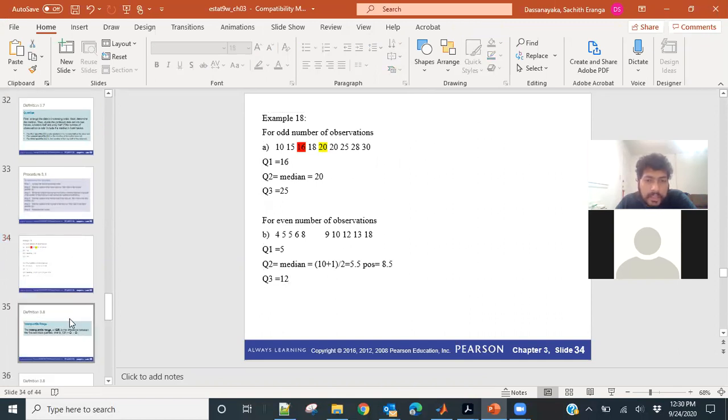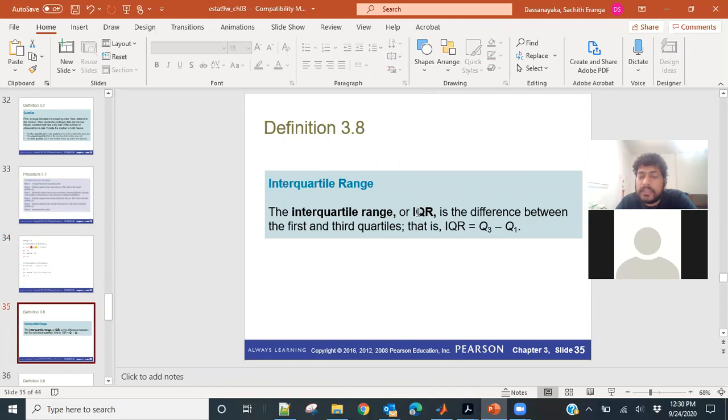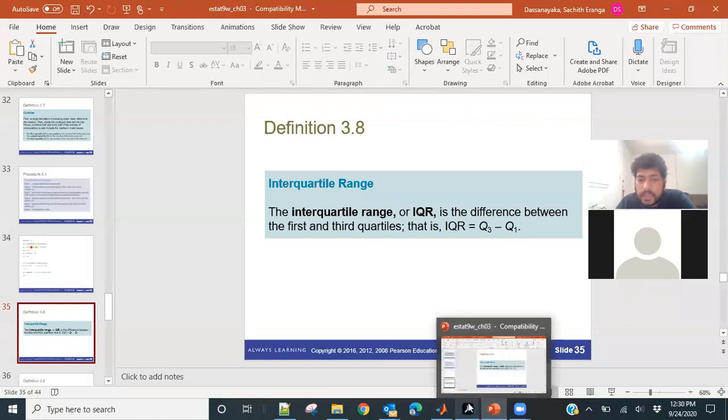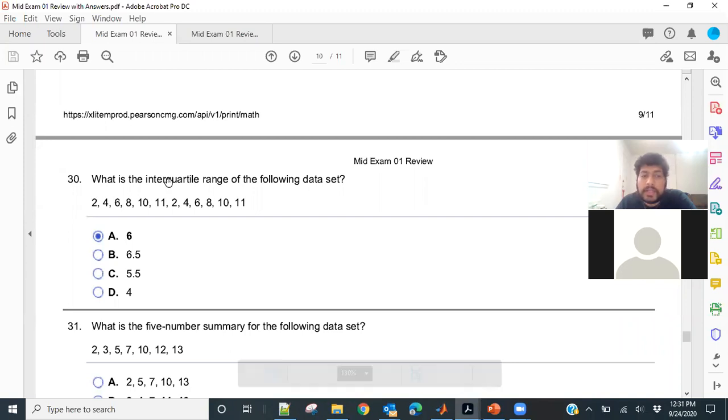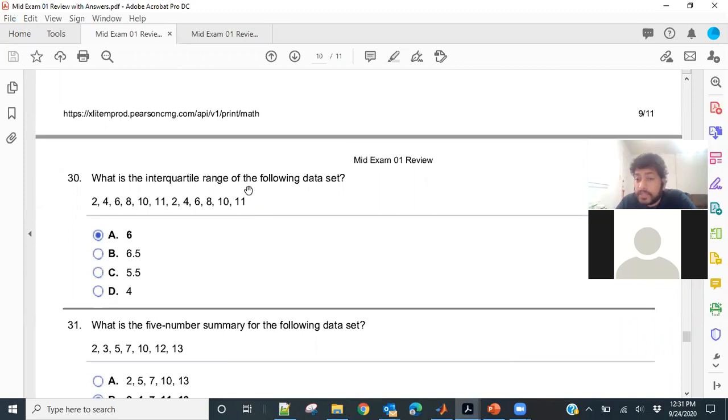We denote the interquartile range as IQR. IQR equals Q3 minus Q1, the difference between Q3 and Q1. Just simply subtract Q1 from Q3. So find Q1 and Q3, subtract them, and you can find the interquartile range.